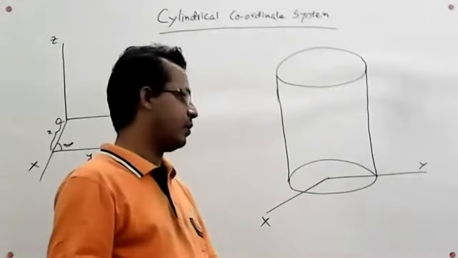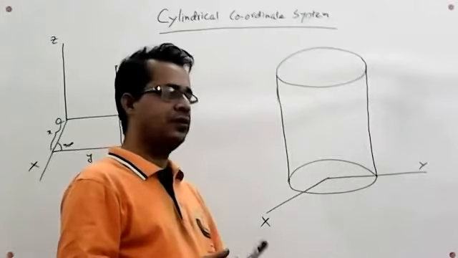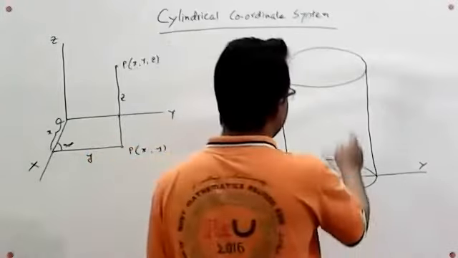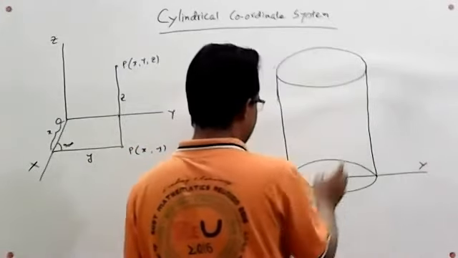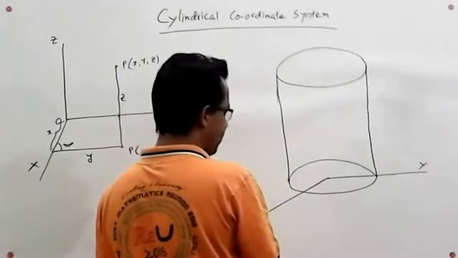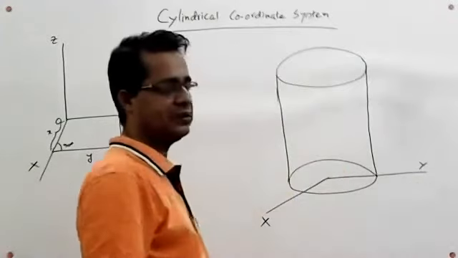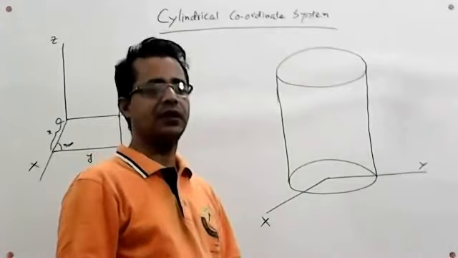Now, if we would like to locate a point on this cylinder by only the two-dimensional polar coordinate system, then we see what will happen.